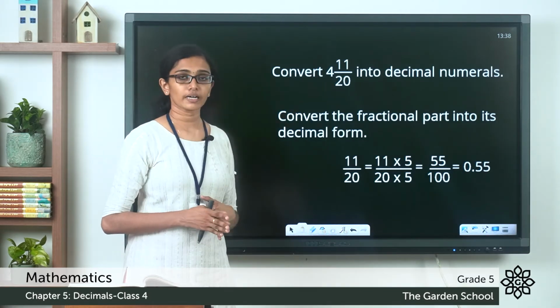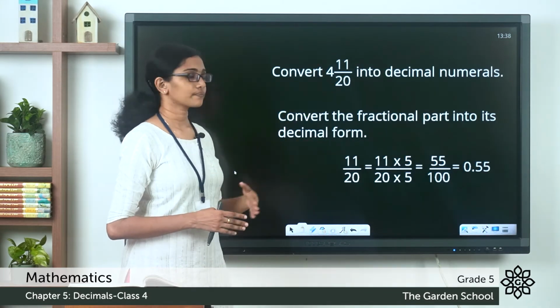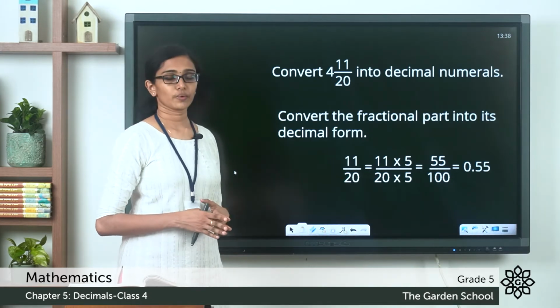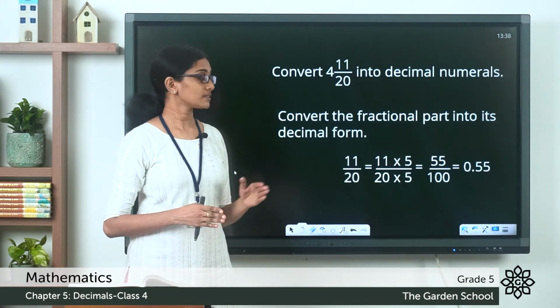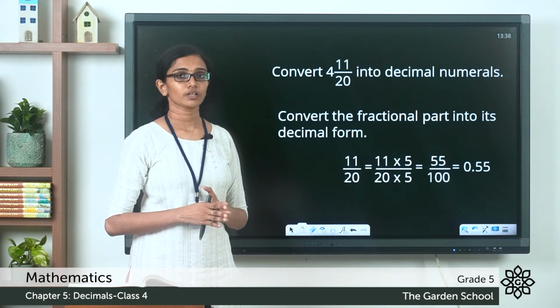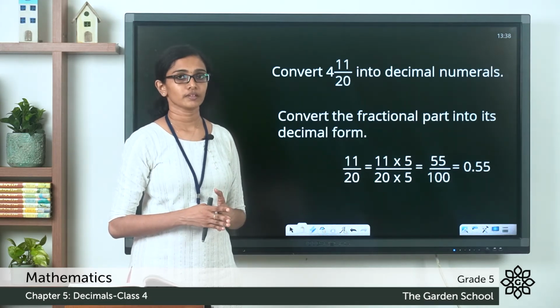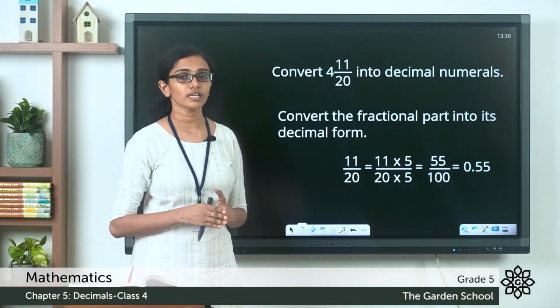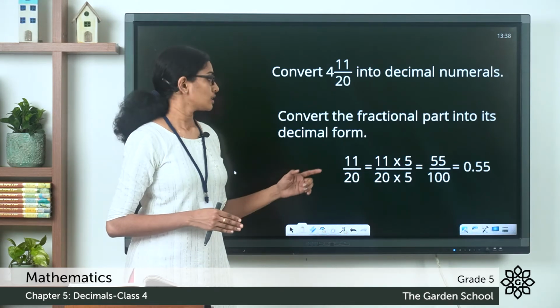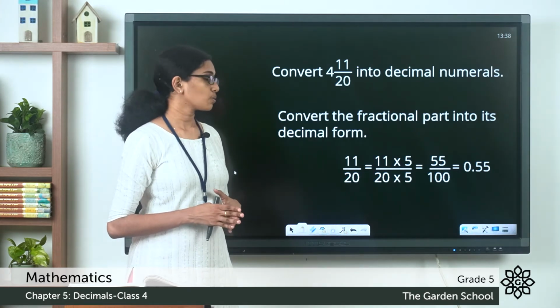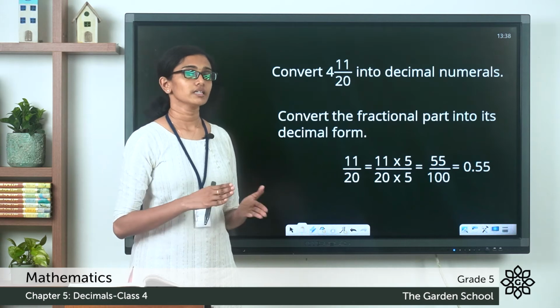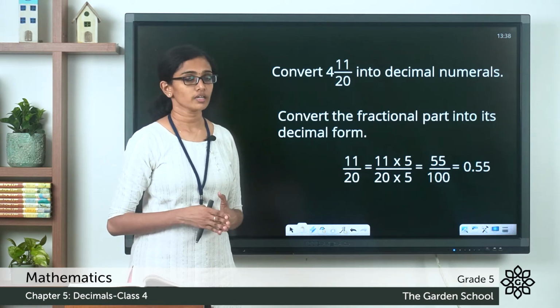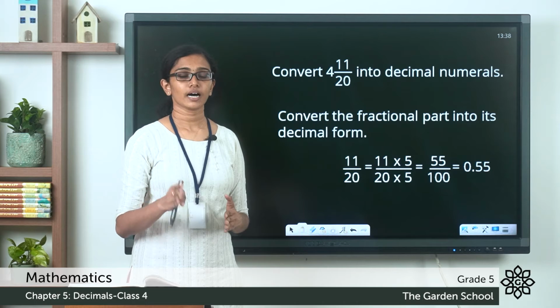So let's see how we can convert the fractional part into its decimal form. What is the fractional part here? 11 by 20. And see the denominator 20. Let's first convert this 20 to a multiple of 10, like 10, 100, 1000 and so on. So what do we do to convert 20 to either 10, 100, 1000 or so on? We know 20 fives are 100.